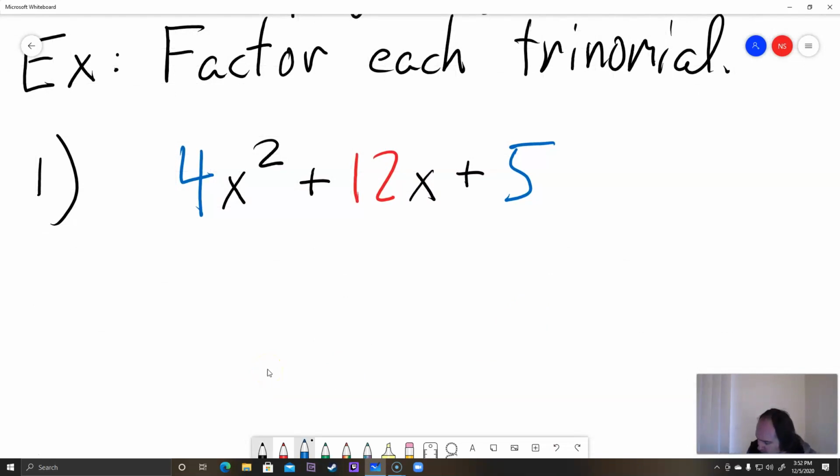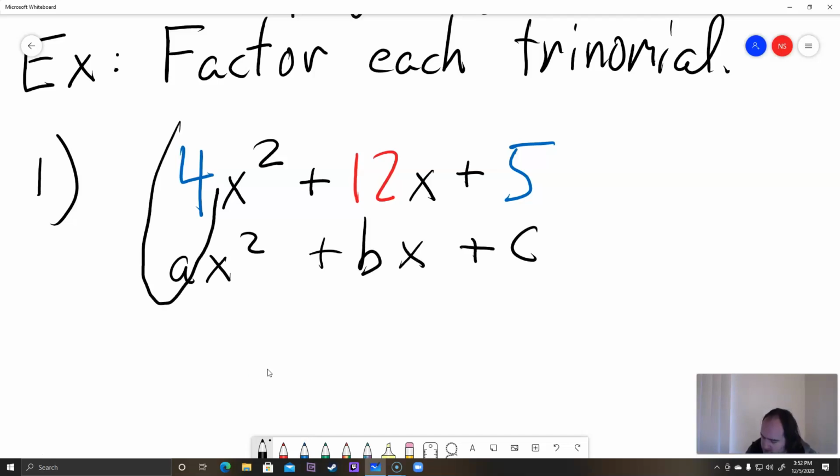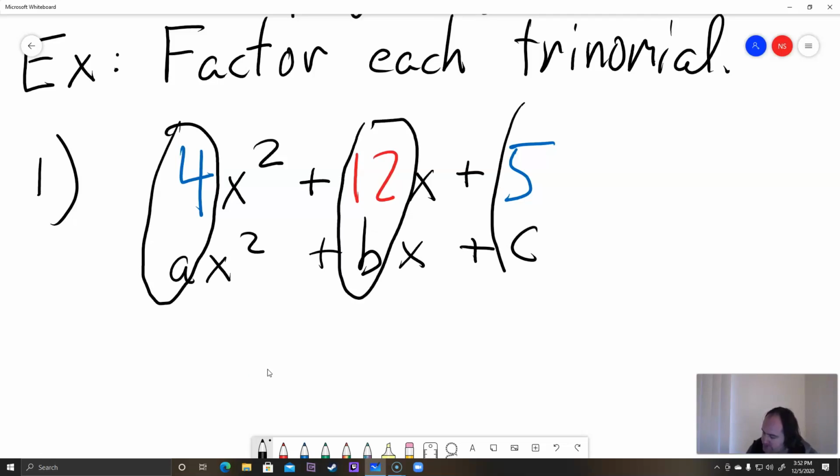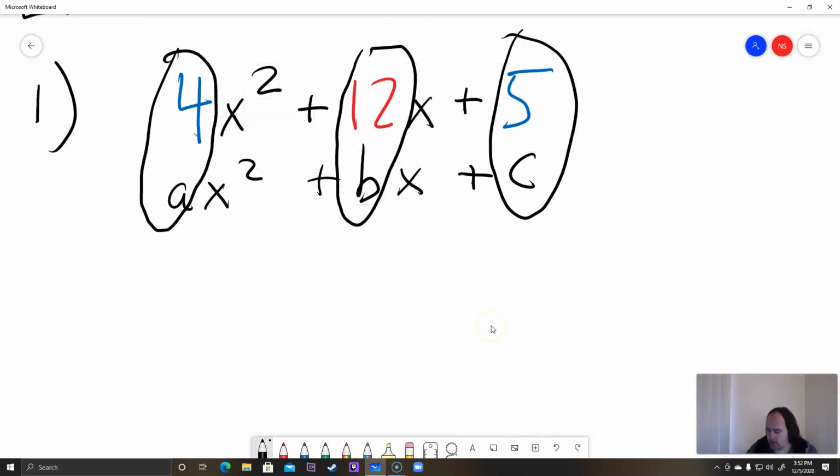So here, remember, this is our ax squared plus bx plus c. So here a is positive 4, b is positive 12, and c is 5. So we start this out by using the x method. So we make an x with ac on the top.